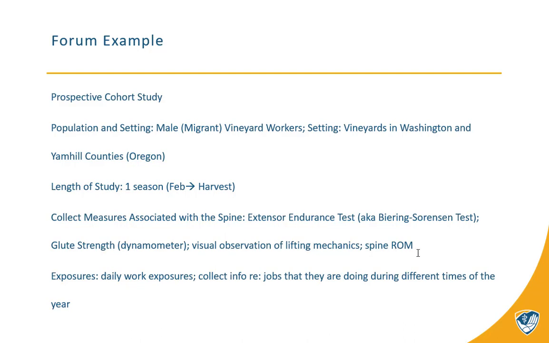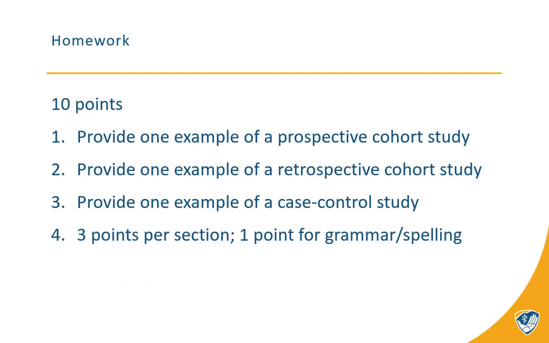Spine range of motion, maybe I would use inclinometers. And then exposures, I would collect daily work exposures, collect information regarding what jobs they're doing during different times of the year to see if there is correlation there between injury and what they're doing.